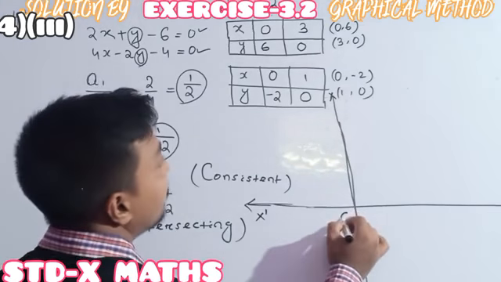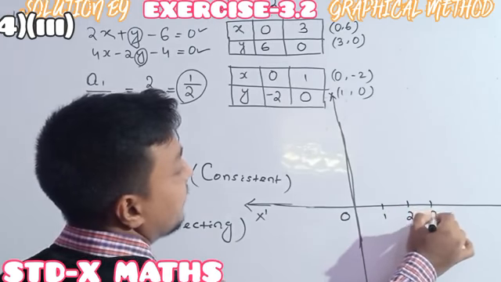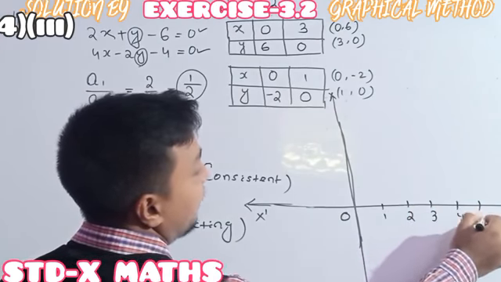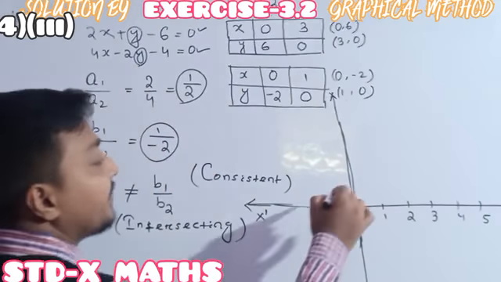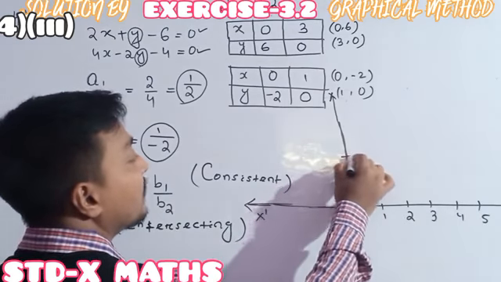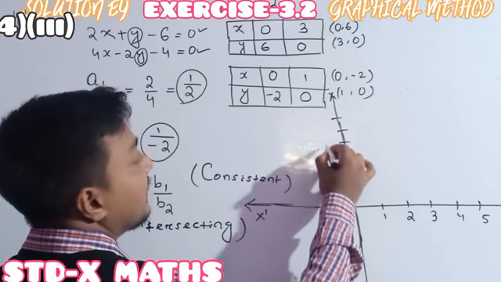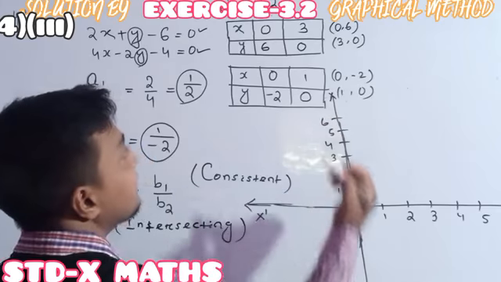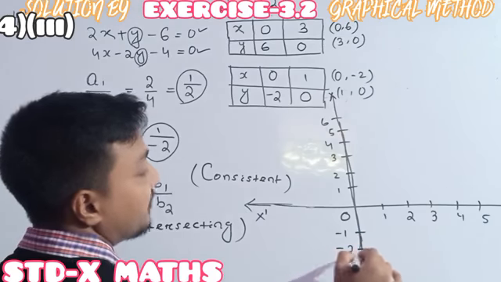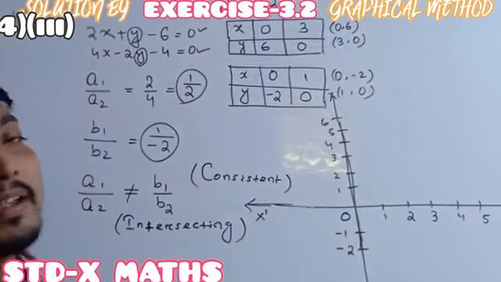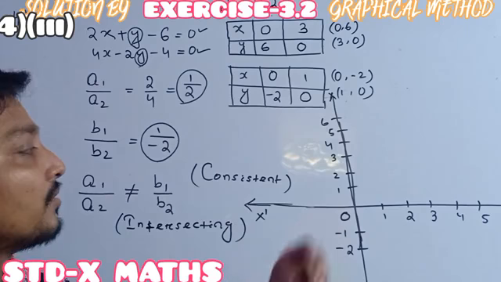This is our 0, and this is 1, 2, 3, 4, 5, 6. In the same way on the other axis, 1, 2, 3, 4, 5, 6. And here it is minus 1, here it is minus 2. According to our requirement, I have marked the numbers on the graph paper.